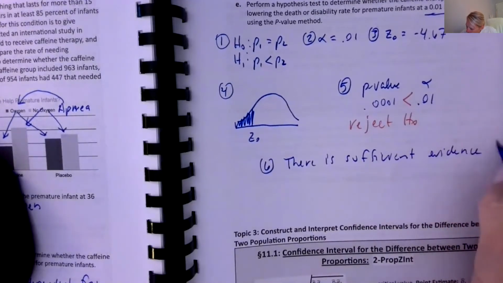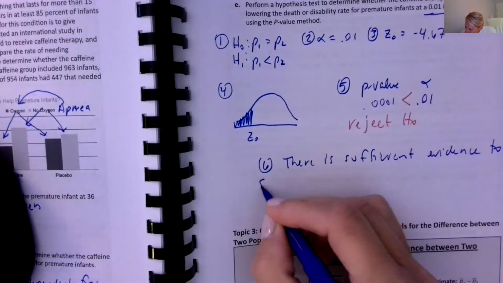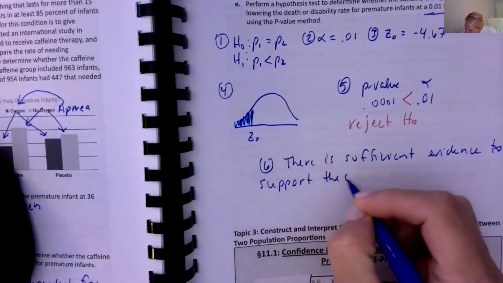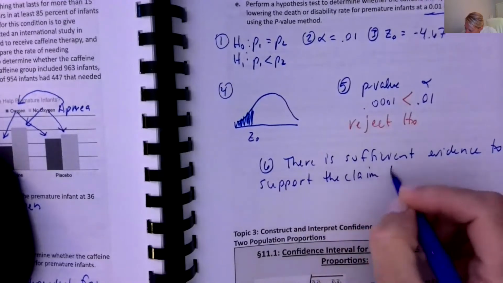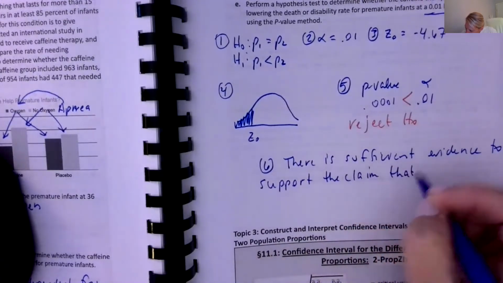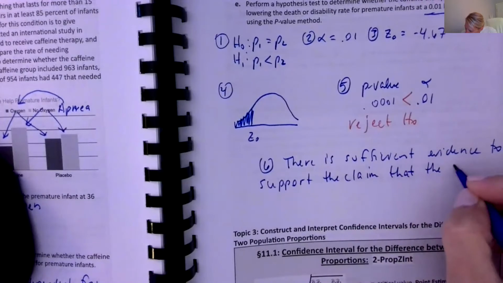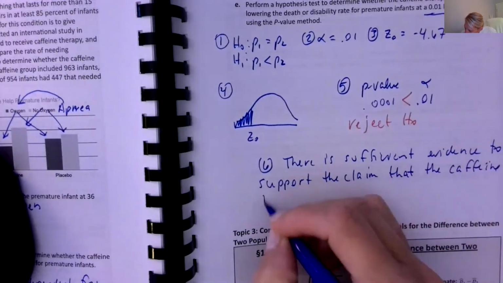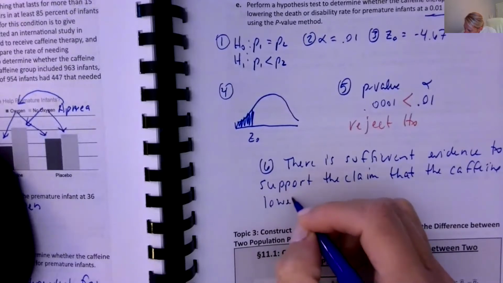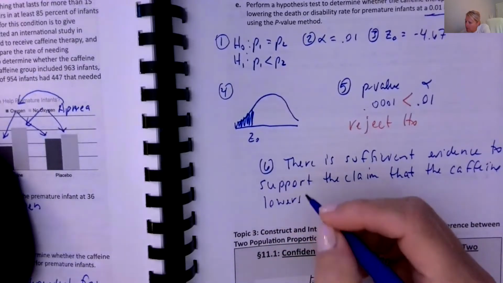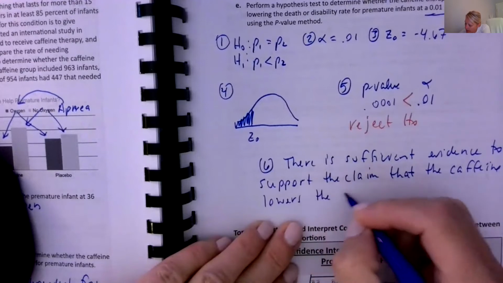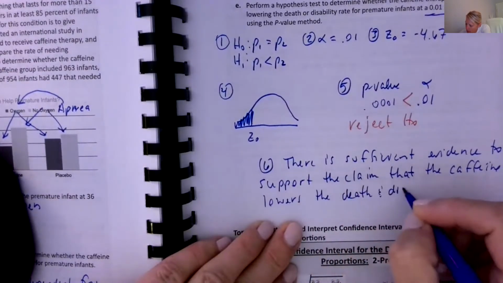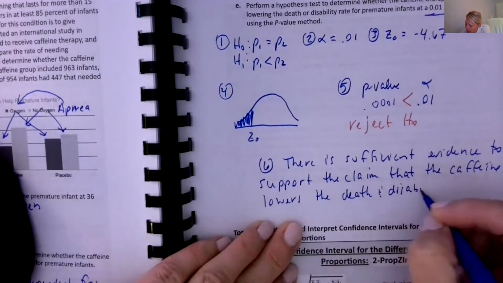Evidence to support the claim that the caffeine lowers the death and disability or need for oxygen, right?